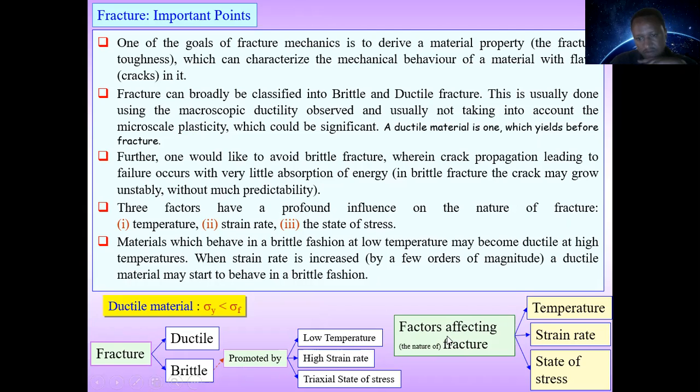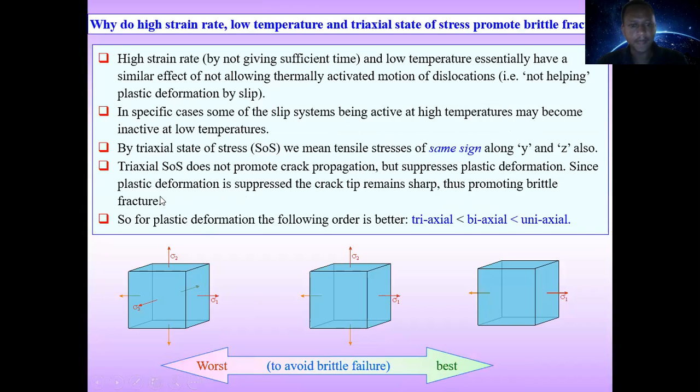Again, the factors affecting fracture are temperature, strain rate, and state of stress, which are specified here. High strain rate and low temperature essentially have a similar effect of not allowing thermally activated motion of dislocations. That is not helping plastic deformation by slip.